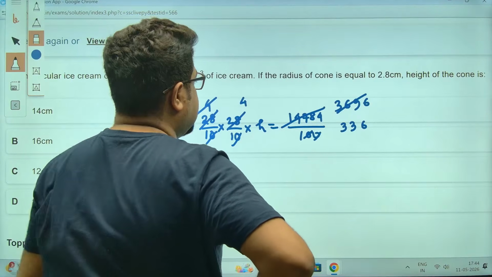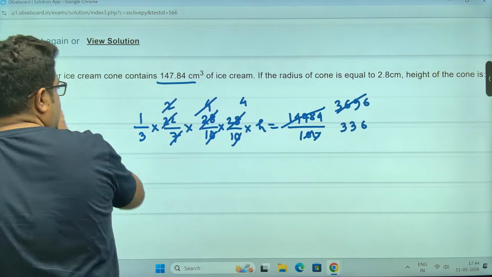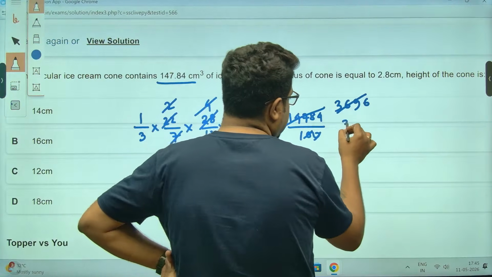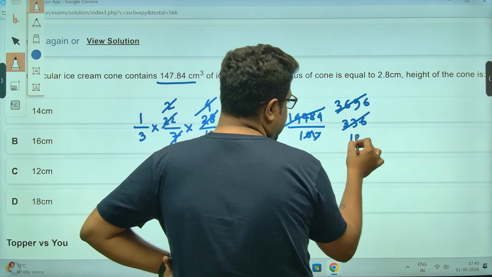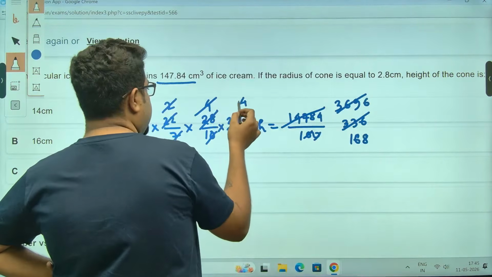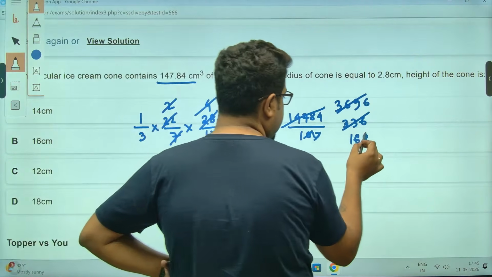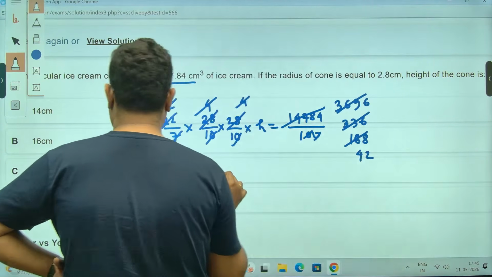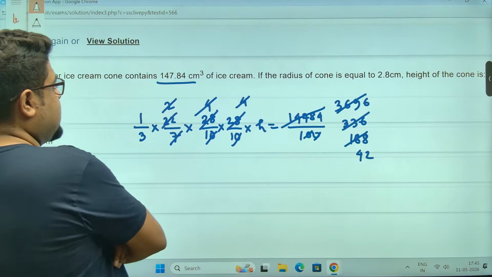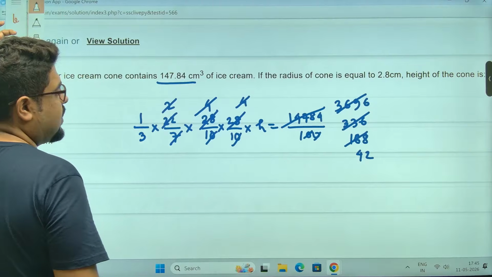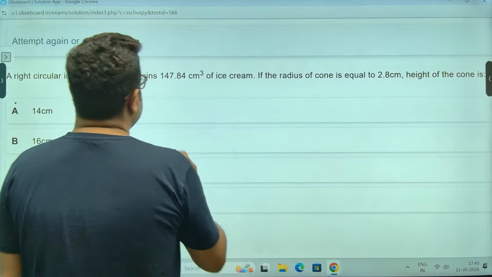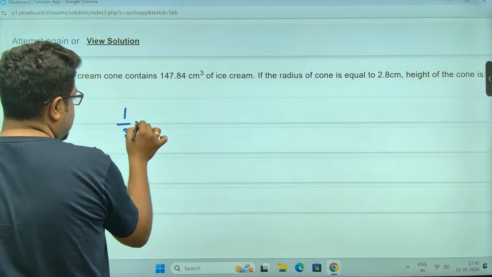This 2 is remaining. 336, 2 से sir 8 16, 2s are 32, 18. Cancel this 4. Sir कुछ गड़बड़ हो गया. Because I've done some error, I have to do it again. So sorry.